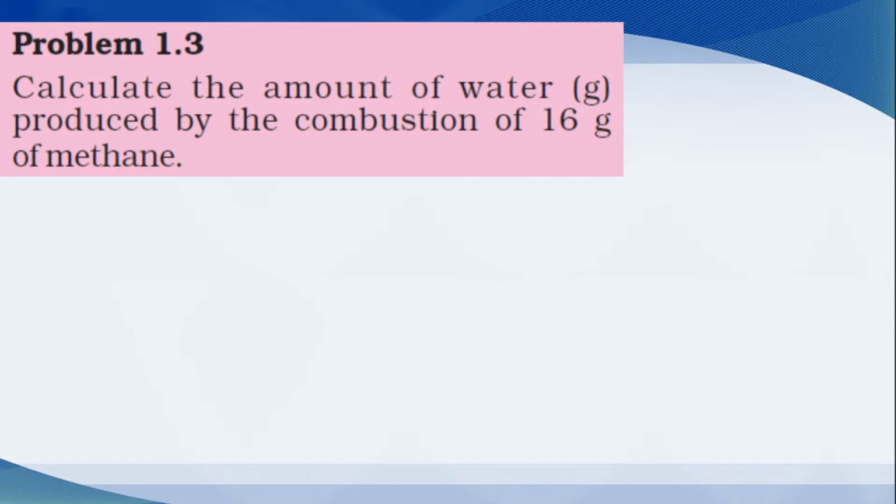Calculate the amount of water produced by the combustion of 16 gram of methane. Say we have methane. Now methane on combustion will give carbon dioxide and water. Obviously the carbon of methane is in carbon dioxide, so 1 mole of carbon dioxide is formed, and the hydrogens of methane are in water, so 2H2O.